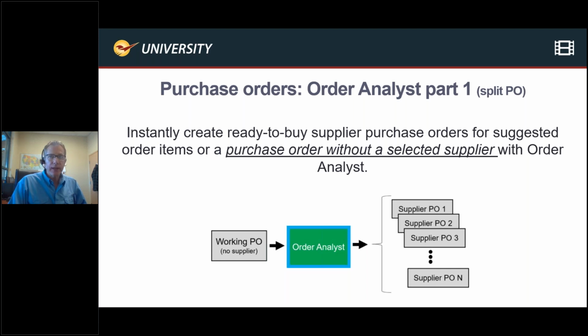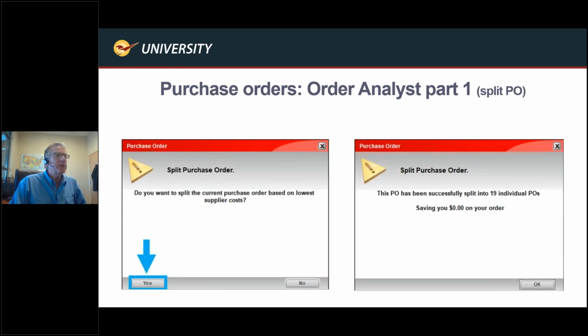Now, if you don't specify a supplier when you create the PO, when you go to call up and review that purchase order, it's going to ask you a question: do you want to split the current purchase order based on the lower supplier cost? This is a message for part 2 of Order Analyst. Part 1 is that it will split the purchase orders based on whoever is in supplier position number 1.